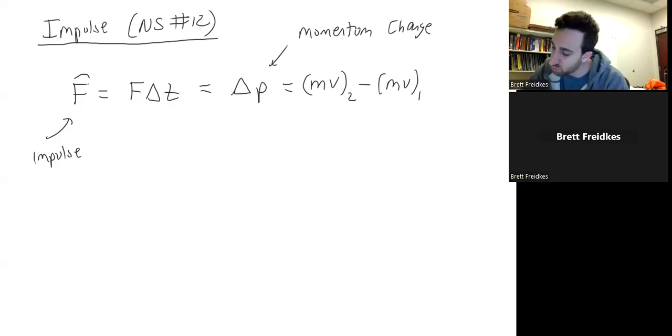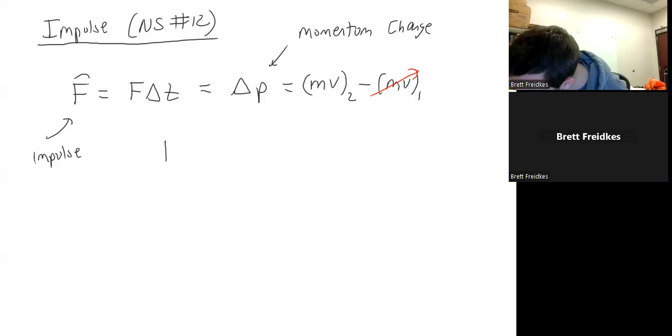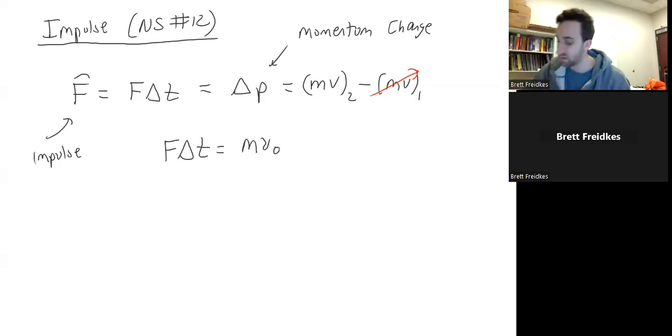So what we assume is that the initial state of the system is 0, so that goes away. And what we end up getting is a velocity that we will describe as the initial velocity of our system. So f delta t is equal to m v naught.